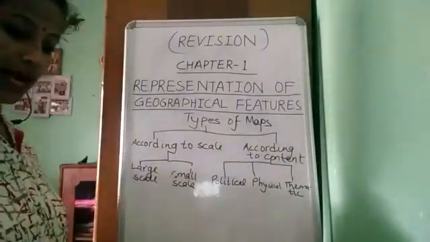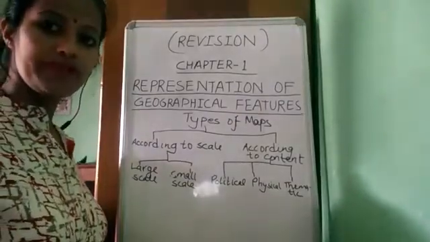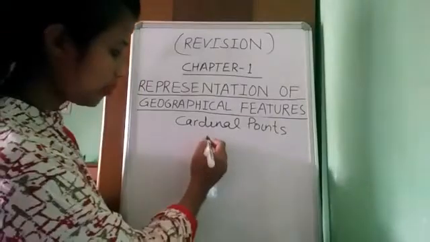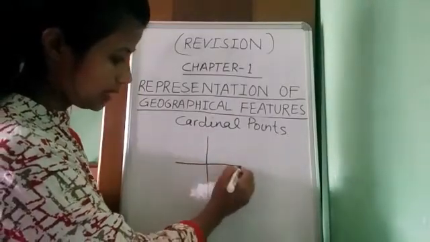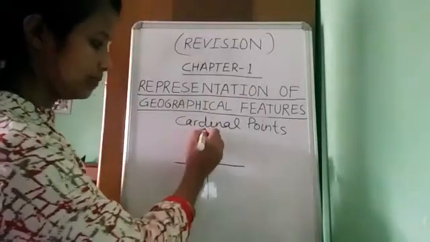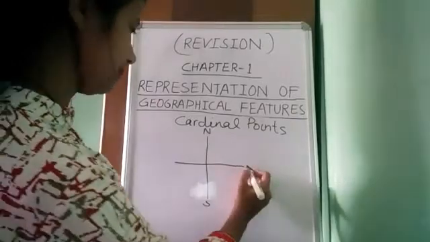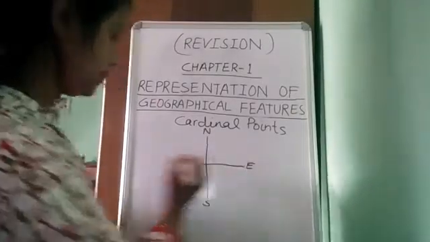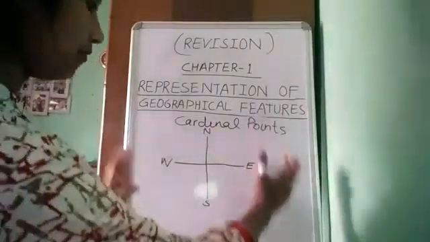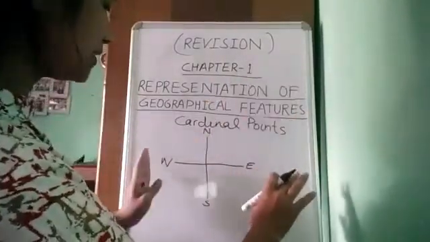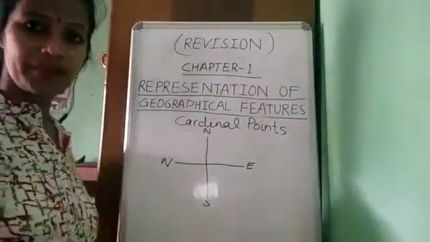Okay, and now next one is cardinal points. 4 cardinal points or directions: north, south, east, and west. I always say the right hand side of a map is east, the left hand side is west. They are called cardinal points.